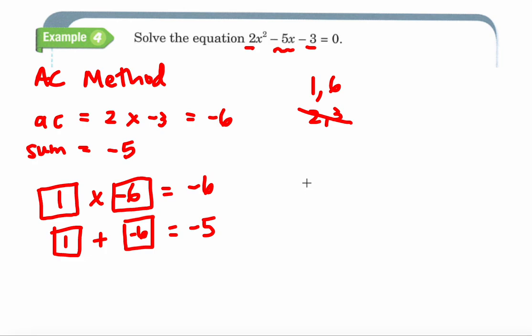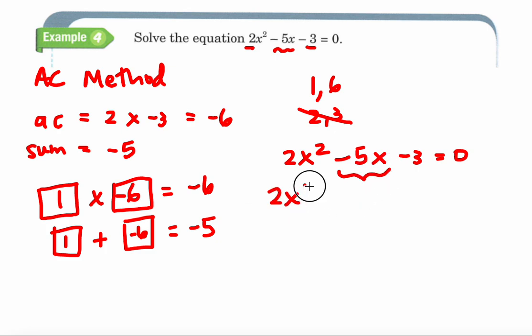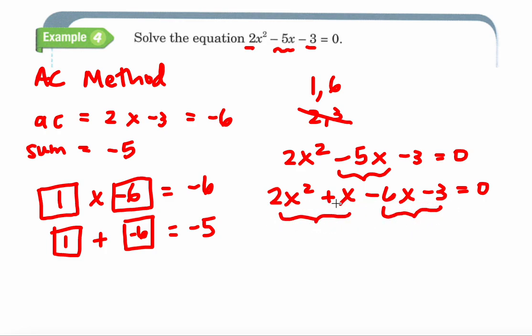So when I rewrite this problem, instead of minus 5x, I have 2x squared plus 1x minus 6x minus 3 equals 0. Then I can group these pairs together.